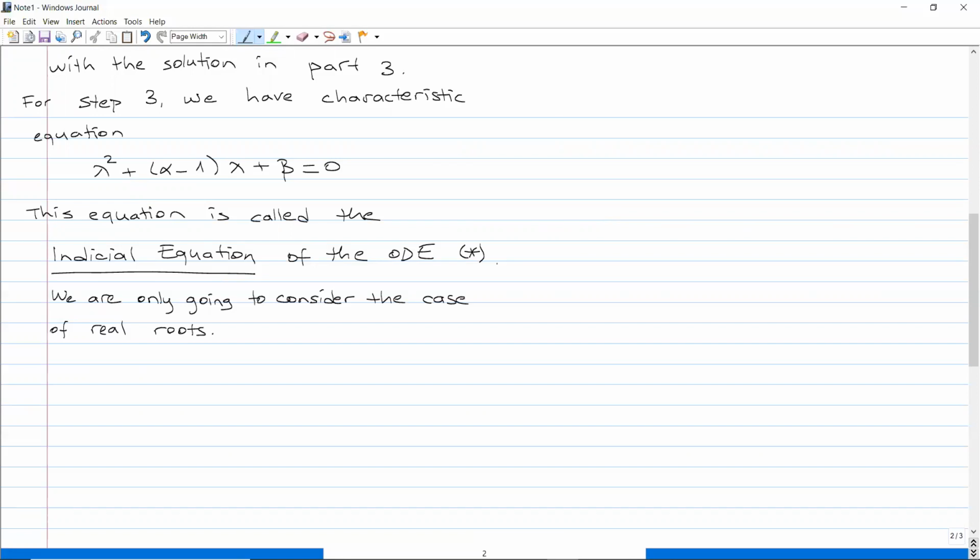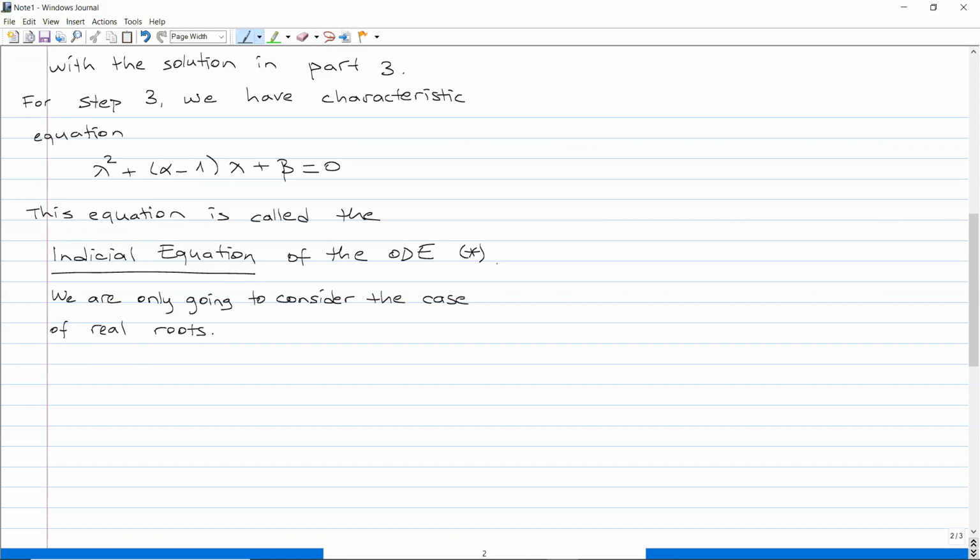So we are only going to consider the most simple case of a regular singular point, although the other cases can be treated similarly, and you can find the treatments in your book.